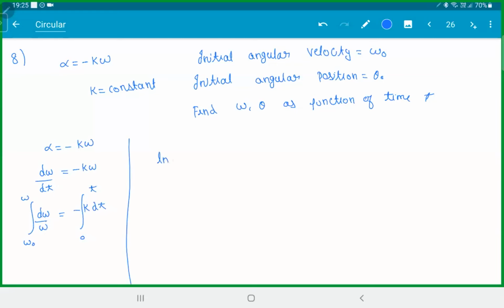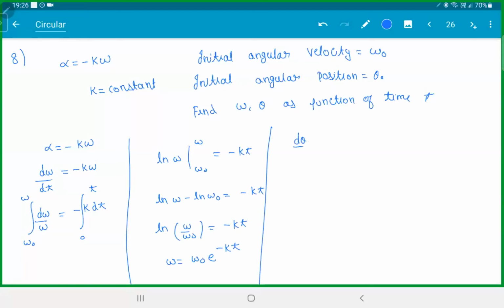This would be ln omega, with limits from omega naught to omega, is equal to minus kt. This would be ln omega minus ln omega naught, which is ln omega by omega naught. Omega is equal to omega naught e power minus kt.